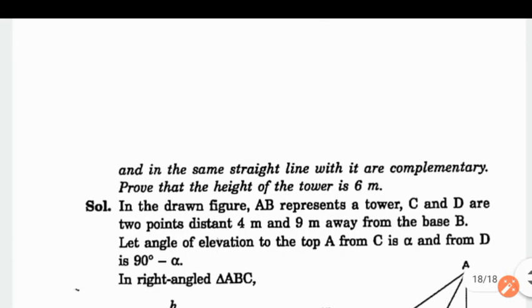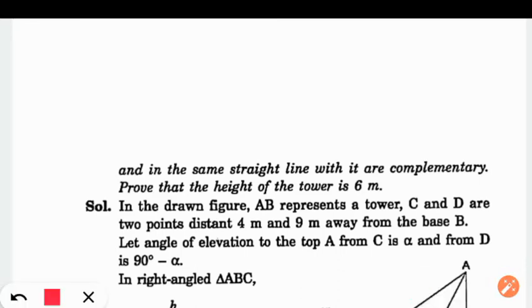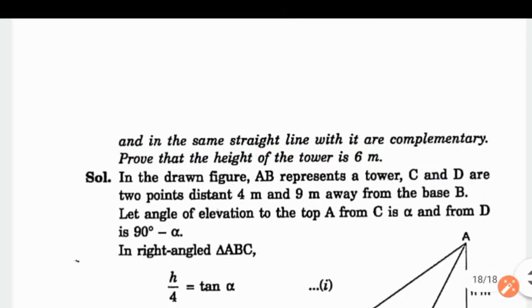The top of the tower is seen and it makes 2 angles, and those 2 angles are complementary, and the 2 points are in the same straight line. So, the 2 angles are not given like in the previous questions where we had 30 degree, 45 degree or 60 degree, but here in the last question the 2 angles are complementary. We are required to prove that the height of the tower is 6 meter.